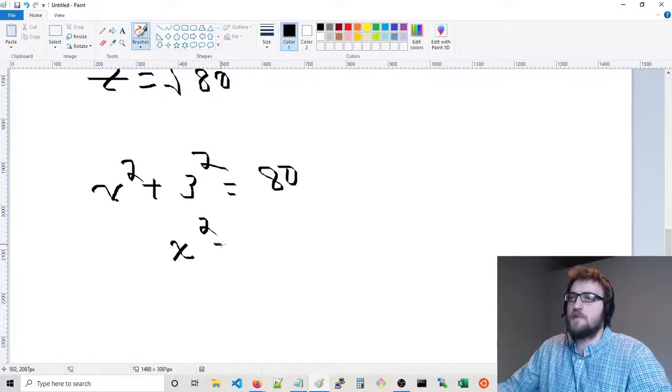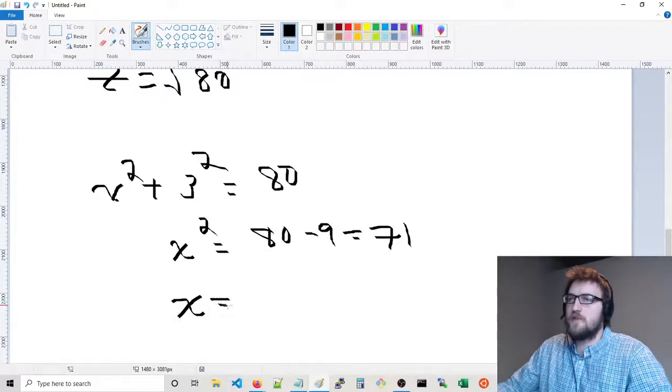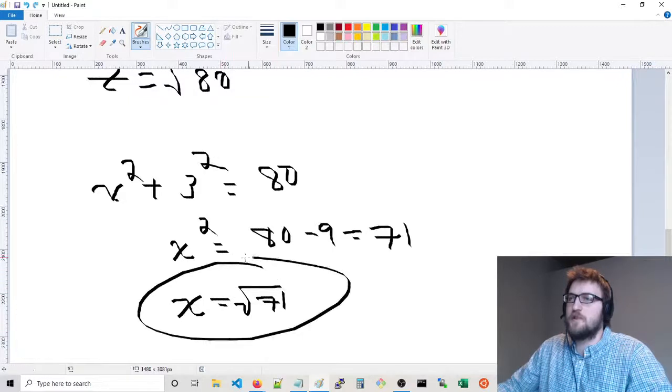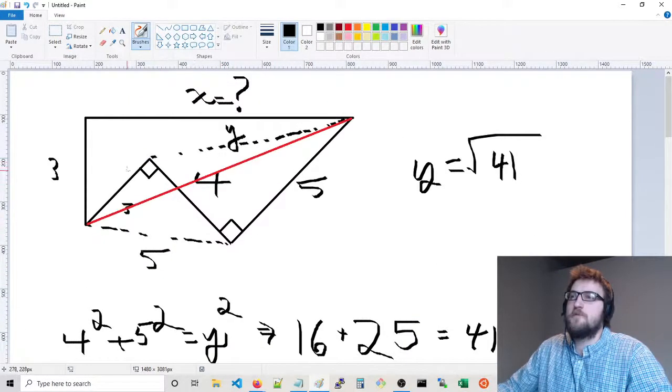So x squared is 80 minus 9, which is 71. So x is the square root of 71, which is not an integer, so not a particularly nice number. But that seems to be the solution to this problem.